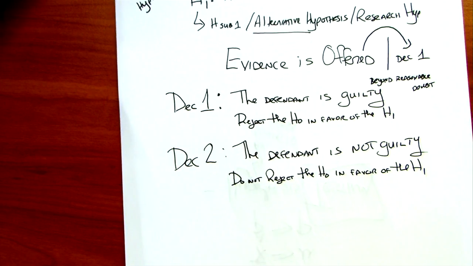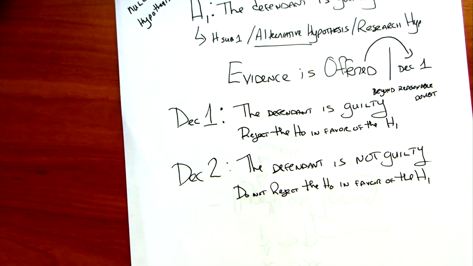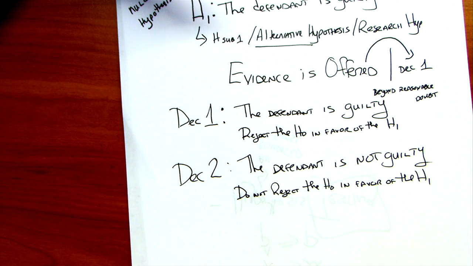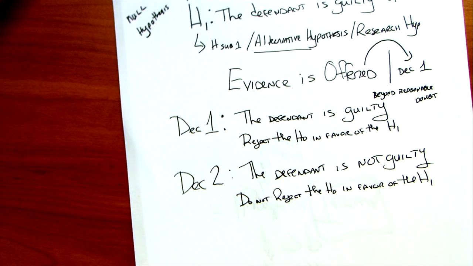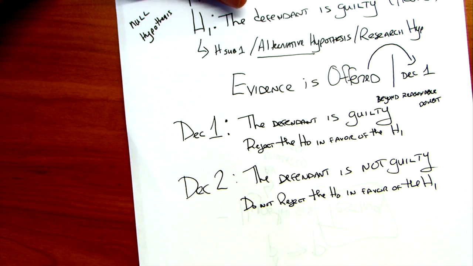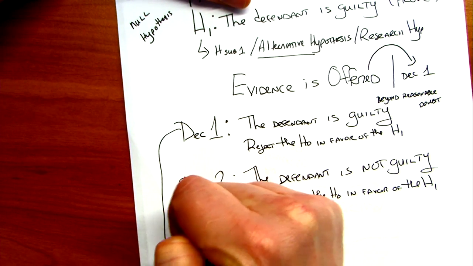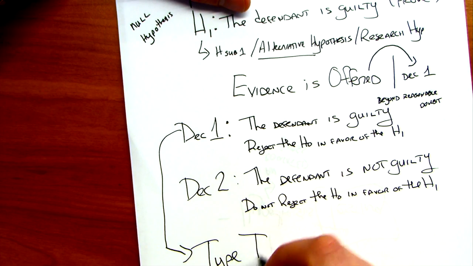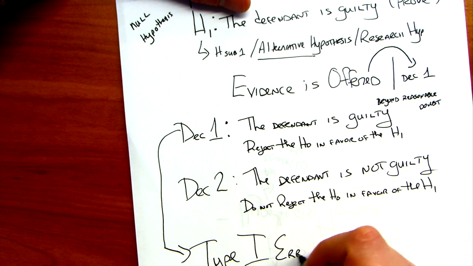Now, this all carries on in statistical hypothesis testing as well. When we do this, we can be wrong. And when we're wrong, we call those errors. And there's two types of errors. If we make decision 1 and it's wrong, we call it a type 1 error.